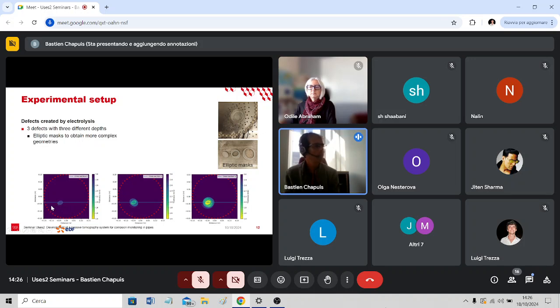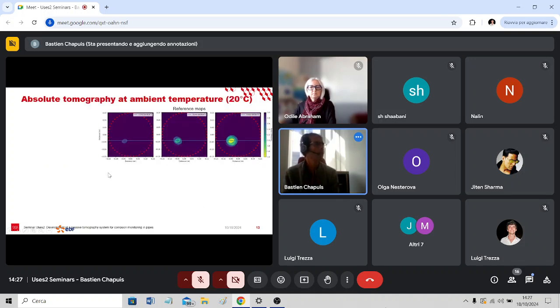You see here some thickness maps that are not recovered by our piezoelectric transducers, but using an optical system called GoScan. This optical system can give us a very precise thickness map of the structure. So our reference measurement is obtained with this system, for the 3 different defects. So here are our reference maps.